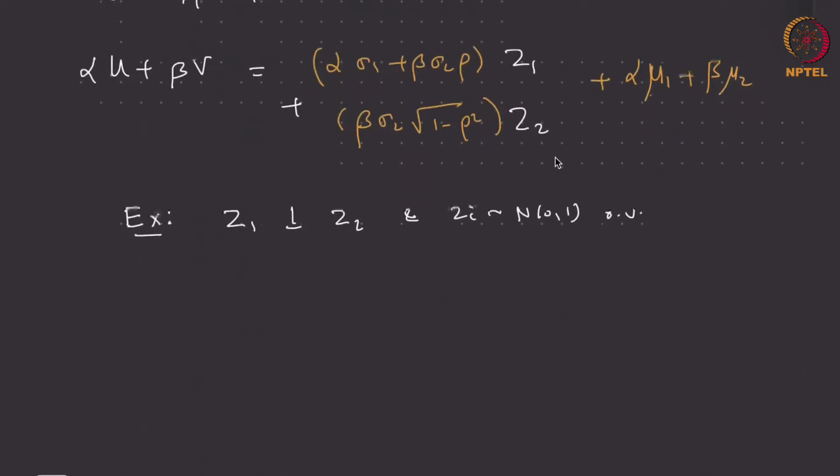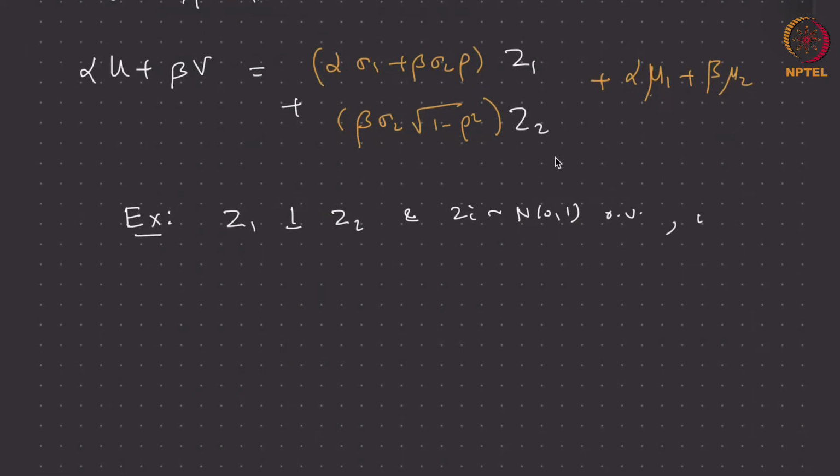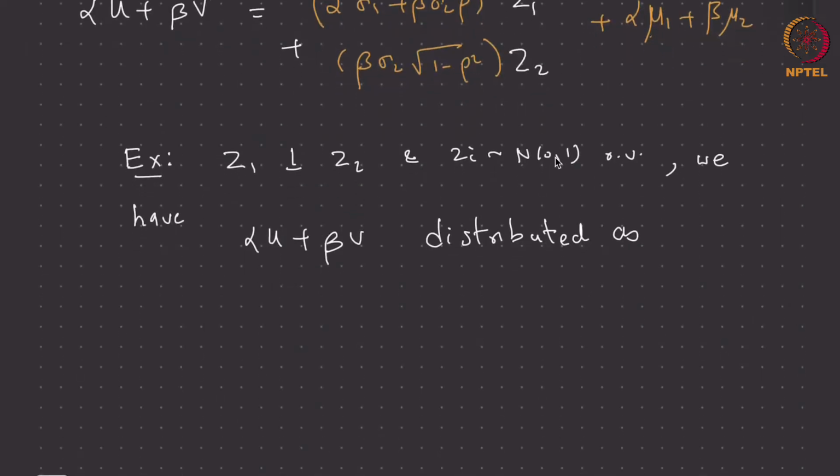We have that alpha U plus beta V will be distributed as a normal. What mean will it have? It's a linear combination of independent normals.